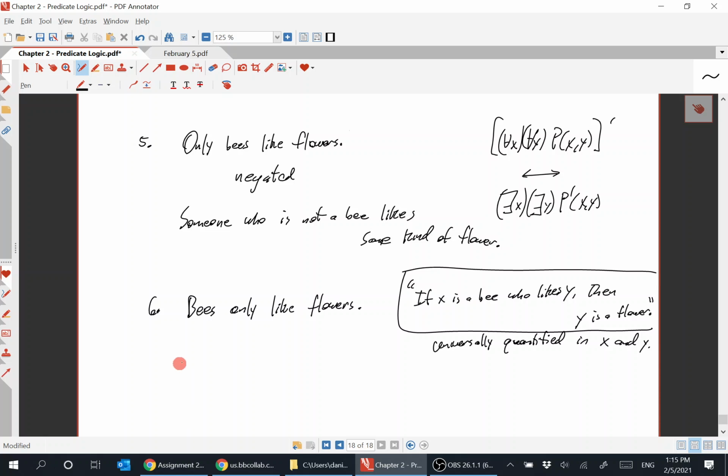We're out of time, so I'll just write it out. There is a bee who likes something other than flowers. Bees like only flowers: every bee and every y that he likes is a flower. So now we've got some bee likes something that is not a flower.